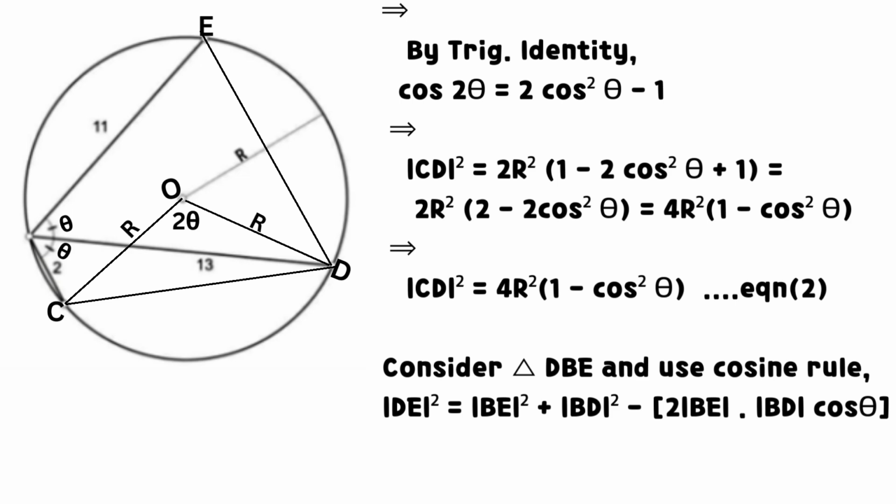Consider triangle DBE and use cosine rule. The square of line DE equals the sum of the square of line BE and the square of line BD minus 2 times the product of line BE and line BD times cosine β.